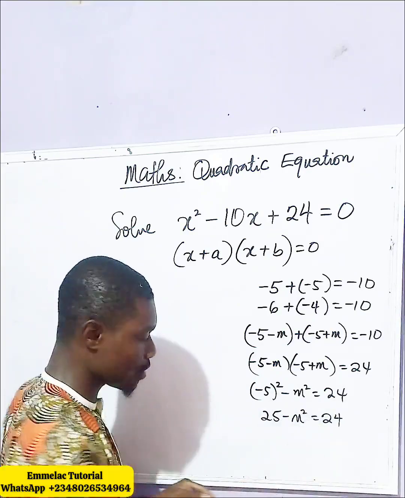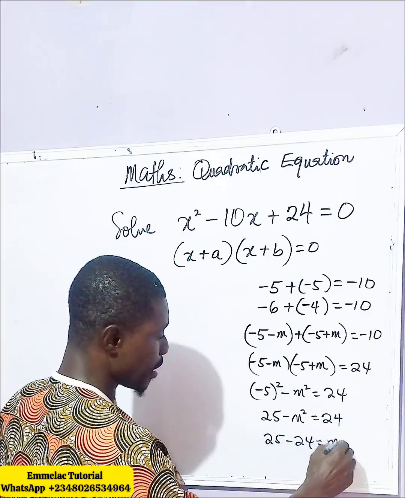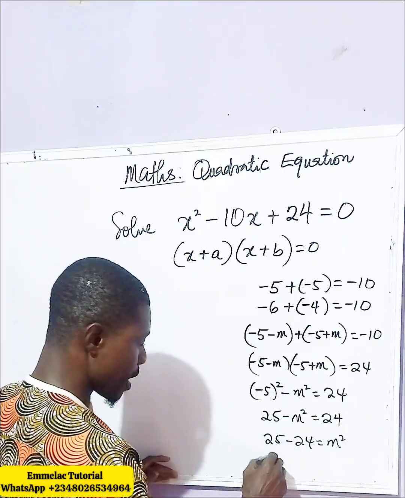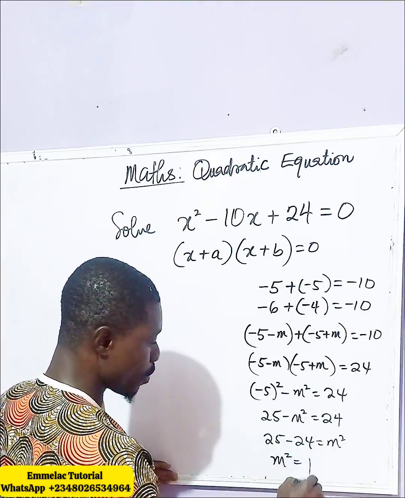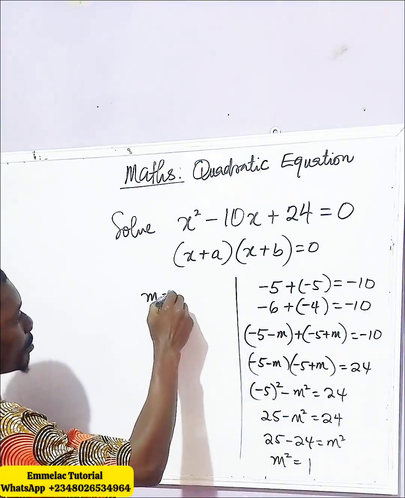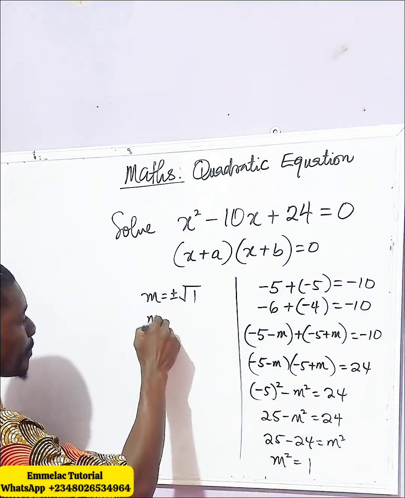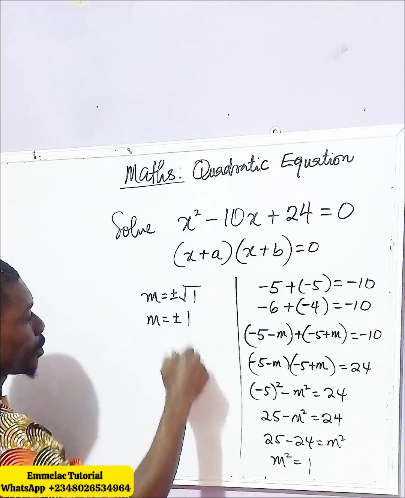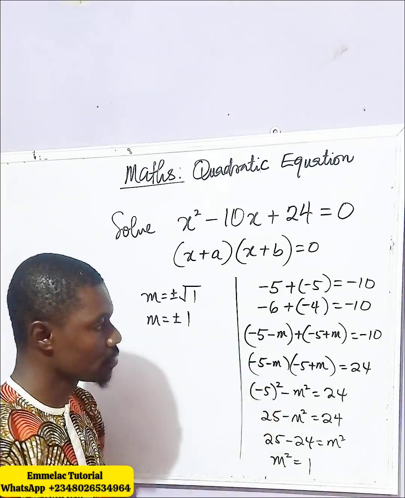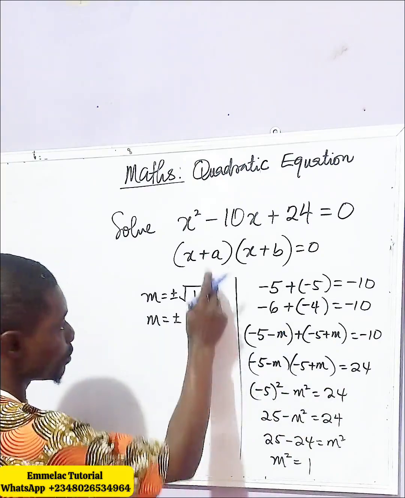Making m squared the subject of the formula, you have 25 minus 24 equals m squared, right? So our m squared will now give us 1, giving us that m will be plus or minus the square root of 1, which implies that m equals plus or minus 1.